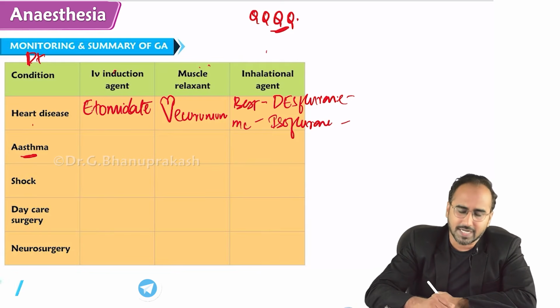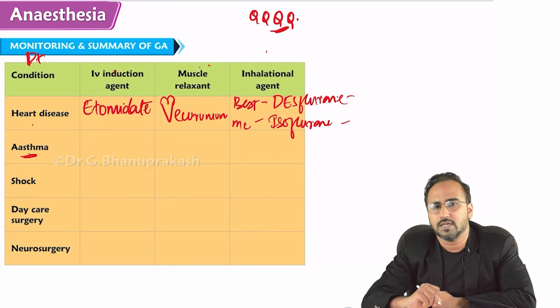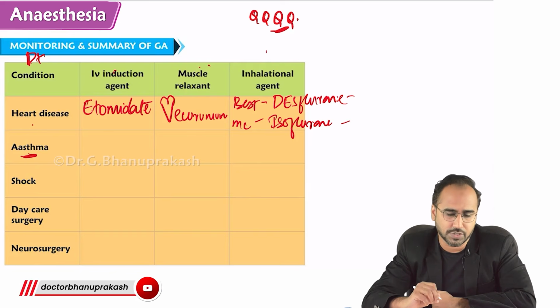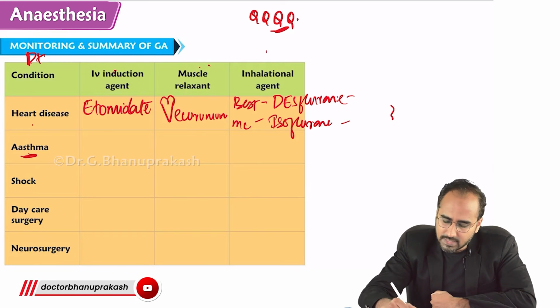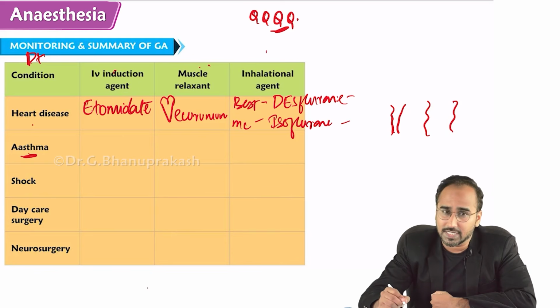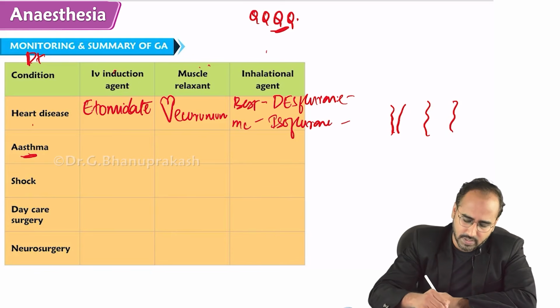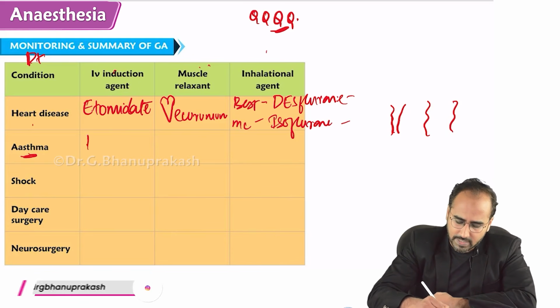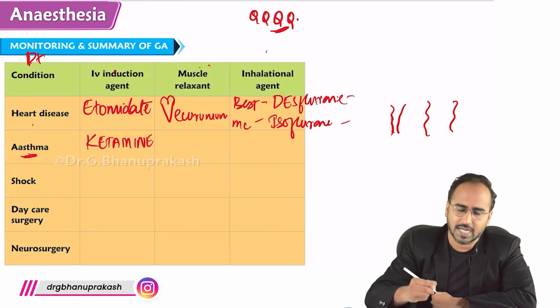Next, the patient is suffering with bronchial asthma. Which is the IV induction agent of choice? Bronchial asthma means he is having bronchoconstriction. You have to give a bronchodilator. Which is the IV induction agent that dilates the bronchus? Ketamine.